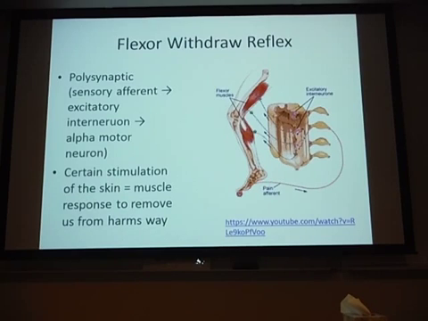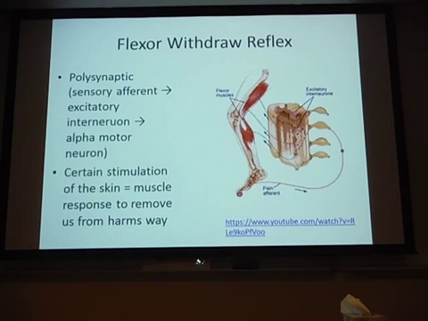The flexor withdrawal reflex is a safety reflex. When we, in this example, step on a tack, we need to be able to flex our muscles to be able to withdraw our leg or our foot from that painful stimulus. This reflex works when you touch a hot stove, so temperature pain receptors.